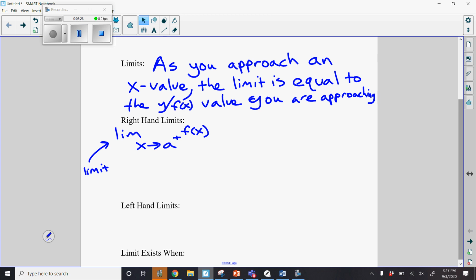So this x with the arrow and the a plus, that's all written at a little bit lower level. So we don't want to write them all on the same plane. It's like a subscript. So that x is as x approaches. This a is the specific value.